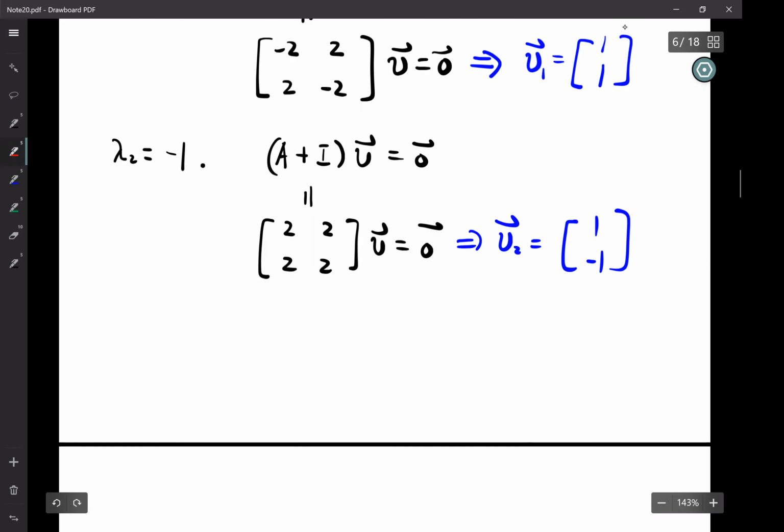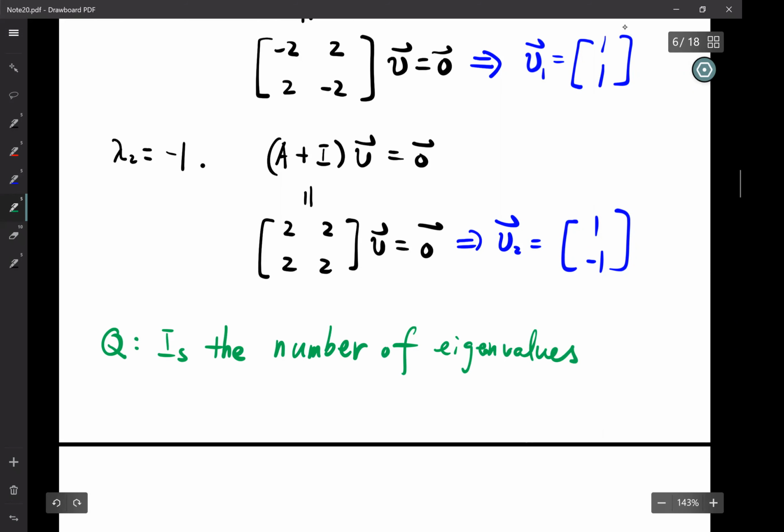So let's write down. So the question is: is the number of eigenvalues always equal to the number of eigenvectors?